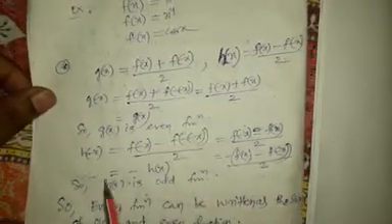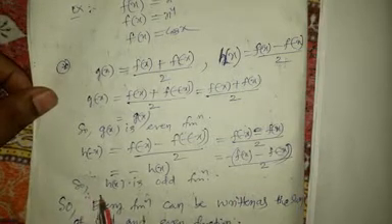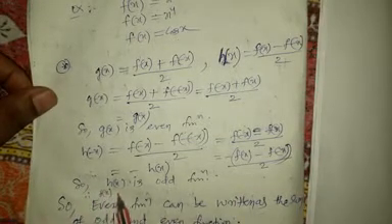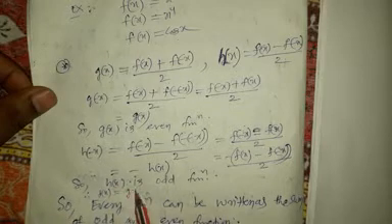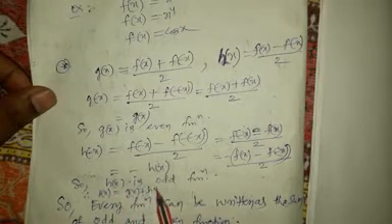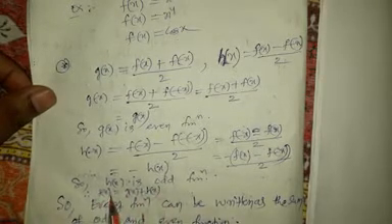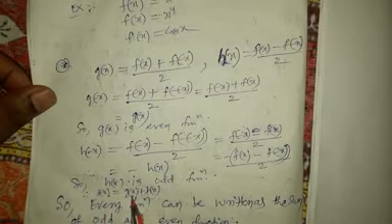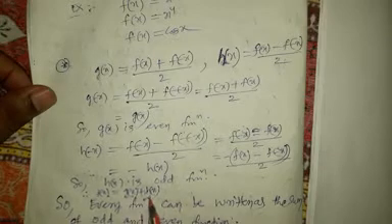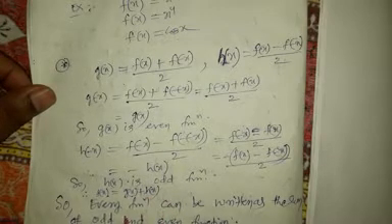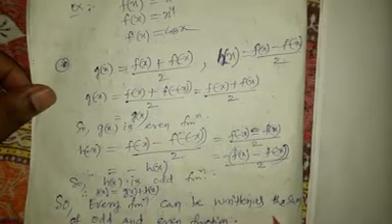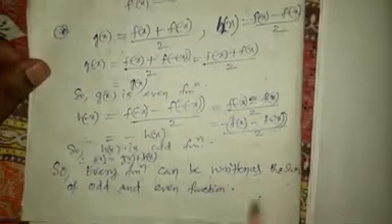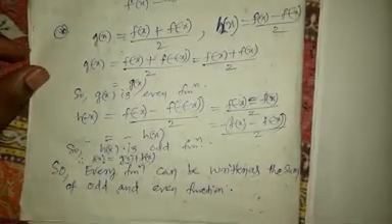That means if you add, f of x is equal to g of x plus h of x. g is an even function, h is an odd function. That means every function can be written as the sum of an odd and an even function.